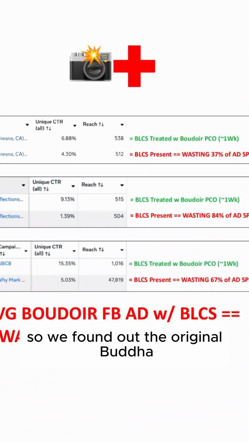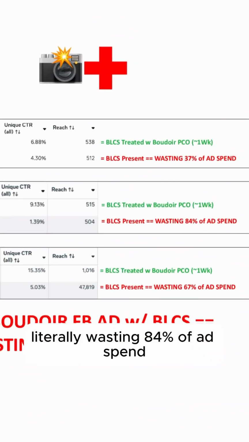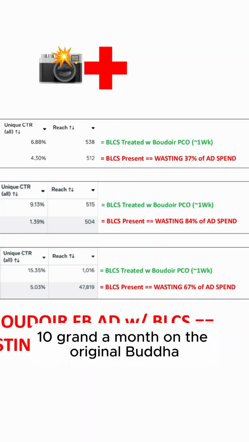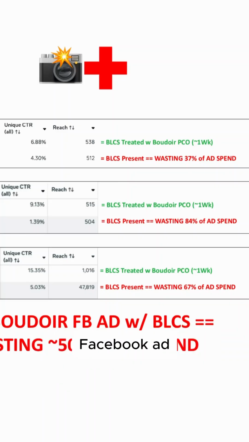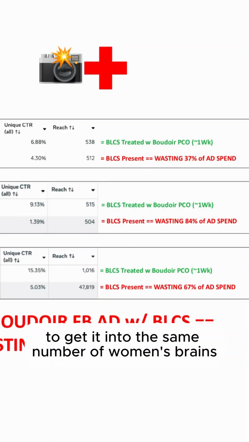So we found out the original Boudoir Facebook ad was wasting 84% of ad spend, literally wasting 84% of ad spend. So if they're spending 10 grand a month on the original Boudoir Facebook ad, now they only need to spend 1.6 grand a month on the Boudoir Pico treated ad to get into the same number of women's brains.